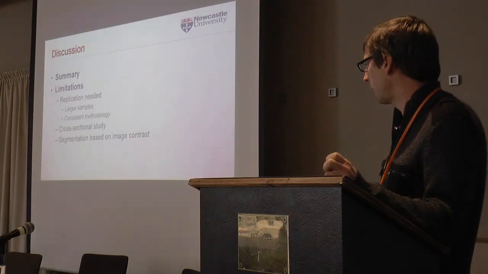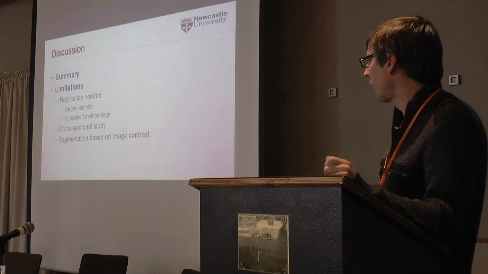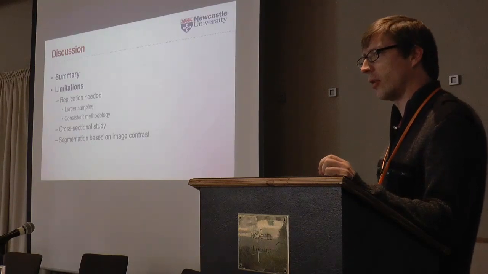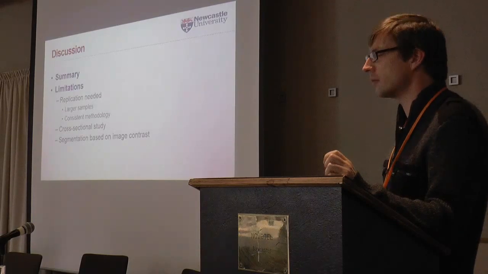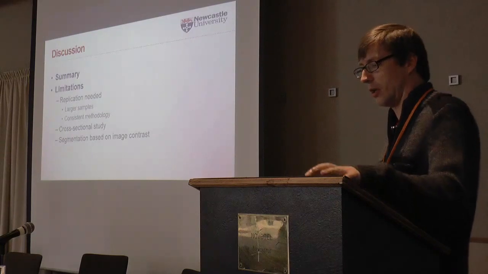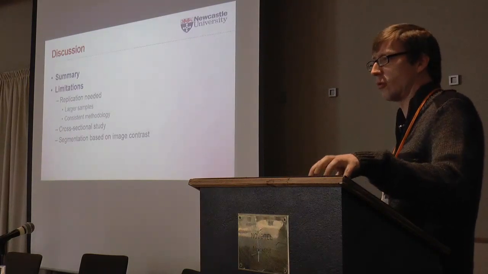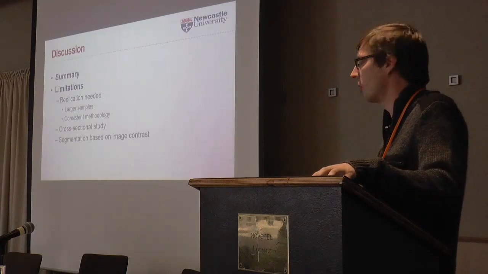And the last thing might be a bit more obscure and not quite as obvious. One of the things that we always have to keep in mind with MRI images is that they are based on, or the segmentation in this particular case is based on, the image contrast, and the image contrast really tells us about the magnetic properties of the tissue.